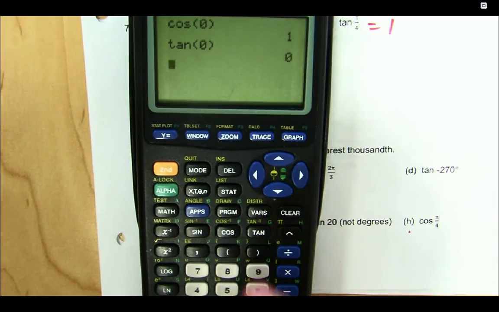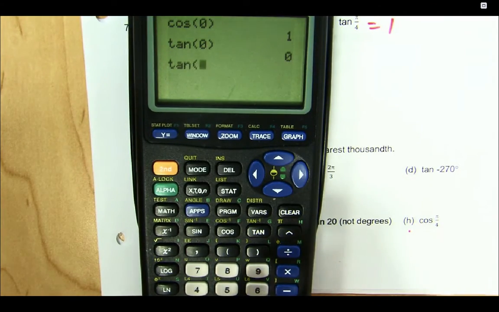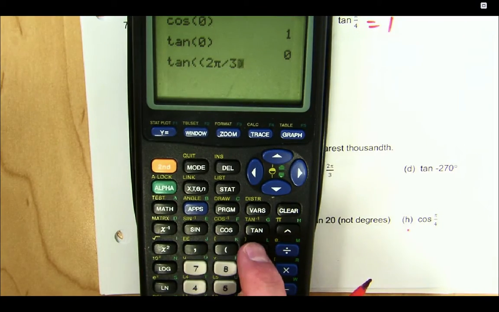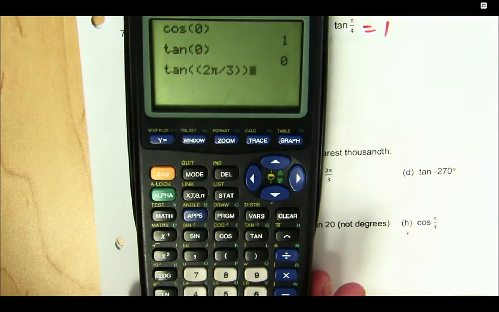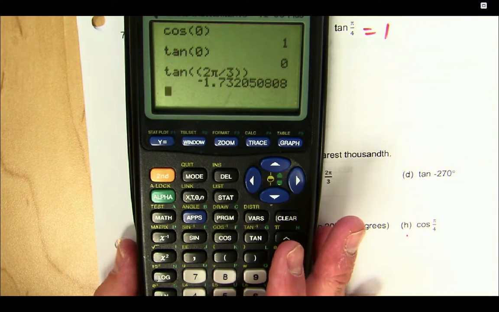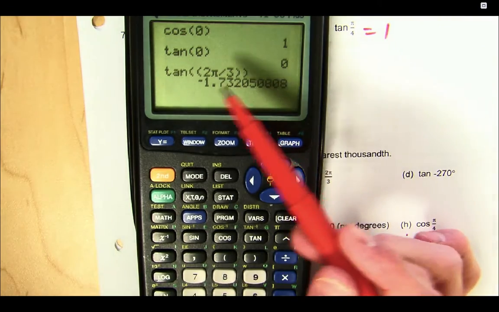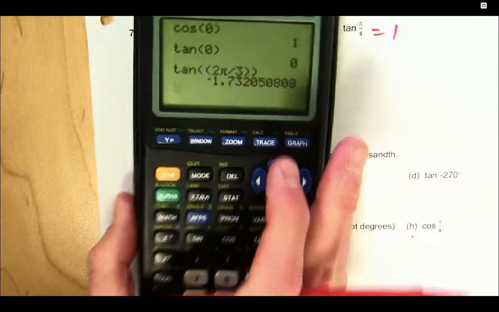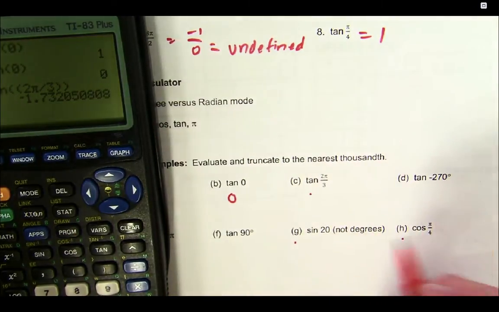We'll be able to do that on our unit circle, but just so that you can see here, tangent of 2 pi divided by 3. And since I'm in radian mode, it's going to give it to me in radians. So this is y divided by x at 2 pi over 3, which is negative 1.732.